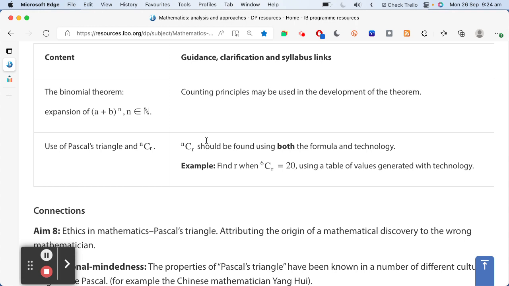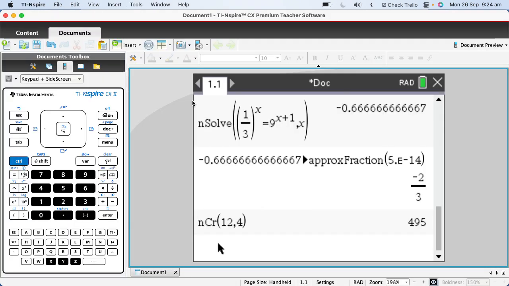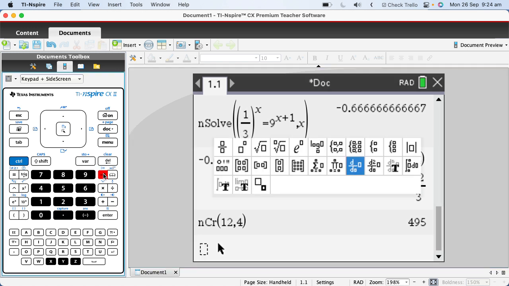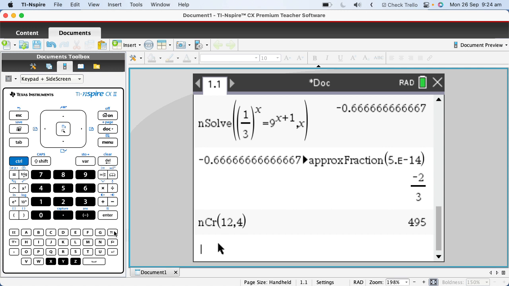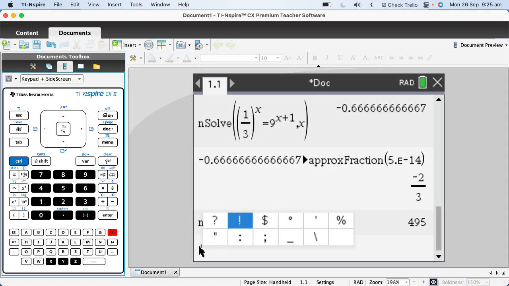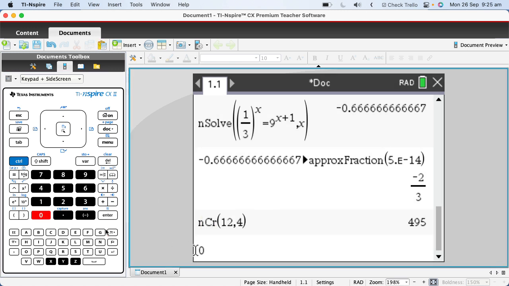And if you do need factorial notation, I thought there was a factorial here somewhere. Is it under here? No, I'm sure it's there somewhere. Oh, down there. Yep. So if I type in 0 factorial, what am I going to get?